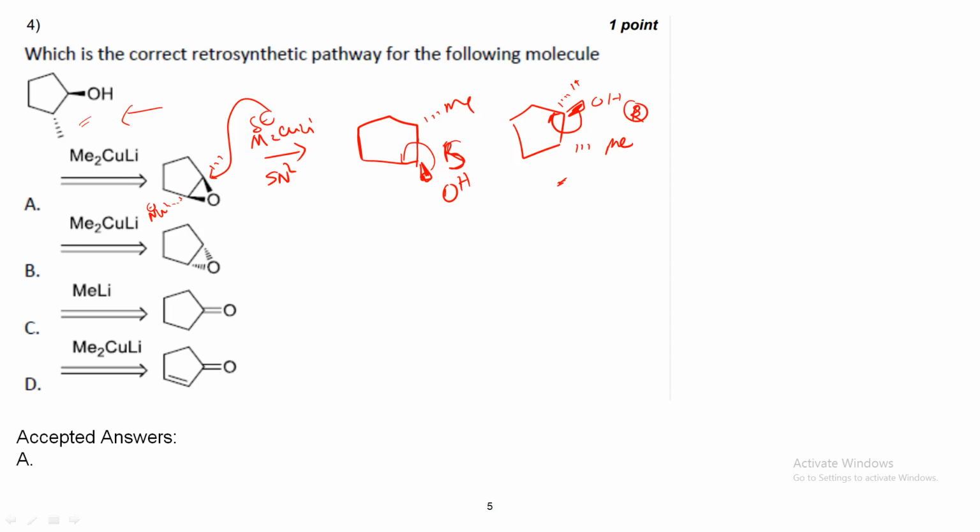And for the second case, let's see. Again, two possible attacks are there, and it is also an SN2. One case it will be like this, and the other case would be below over here, and it will be above. Now just check the stereochemistry of OH.